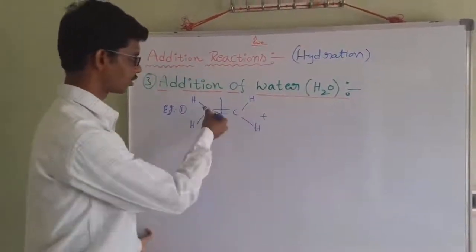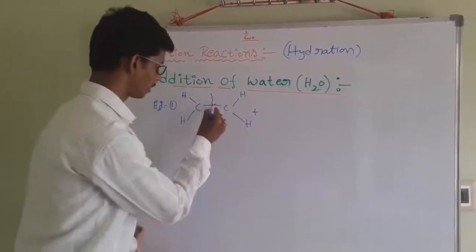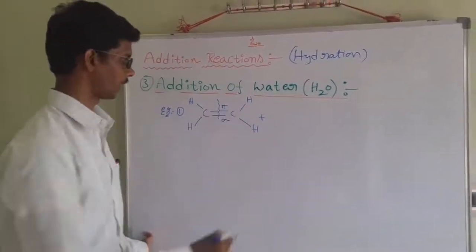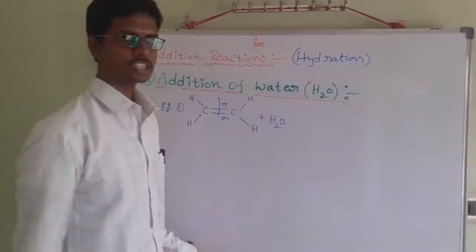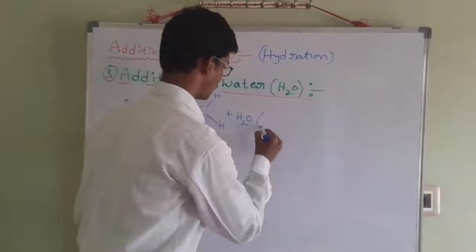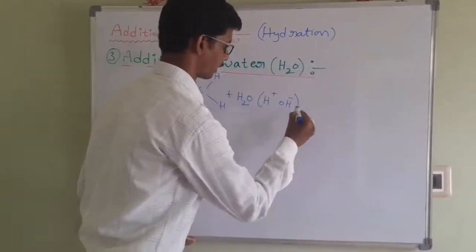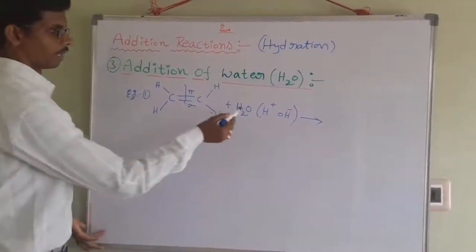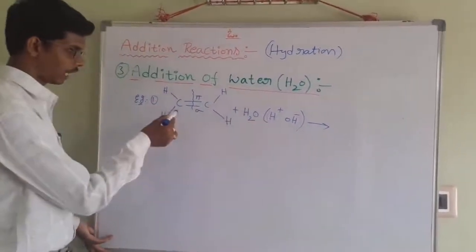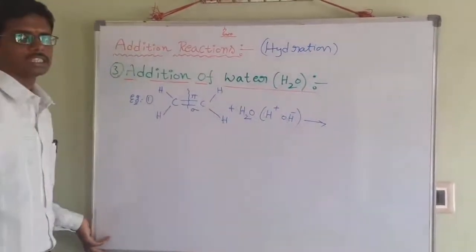Why? Because it gives rise to 2 identical halves. This is a sigma bond, this is a pi bond. To this add a water molecule, H2O. H2O is also written as H plus and OH minus. One H plus is added to one carbon atom, and OH minus is added to the second carbon atom.